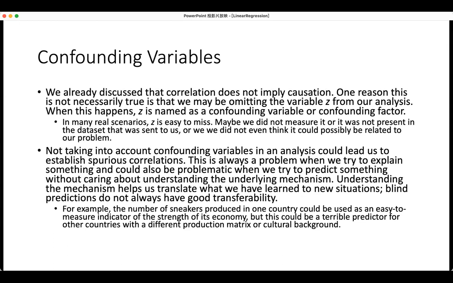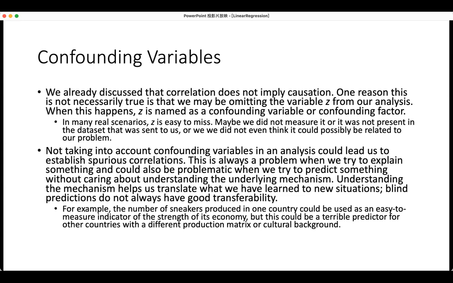Not taking into account confounding variables in analysis could lead us to establish spurious correlations. The spurious correlations are just those relations I showed you on that web page. I believe that web page is called spurious correlations.